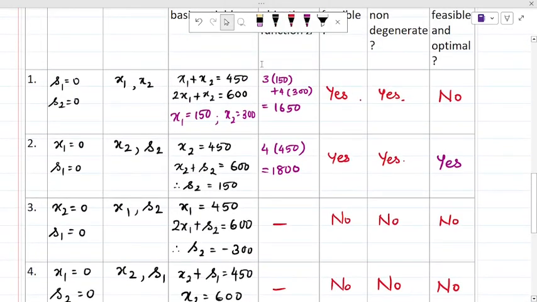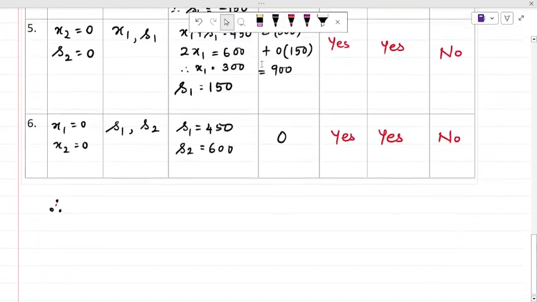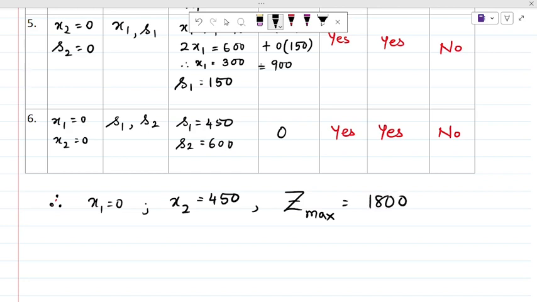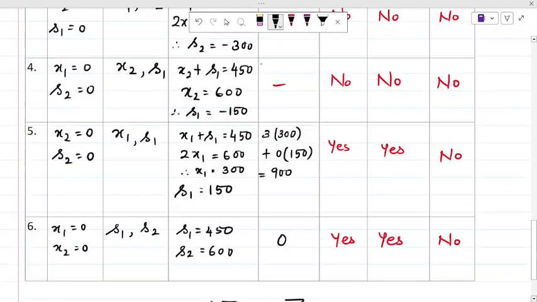So the values that we got were x1 was set to 0, x2 we got 450, and z maximum we got 1800. Okay, so this is the solution for our LPP.